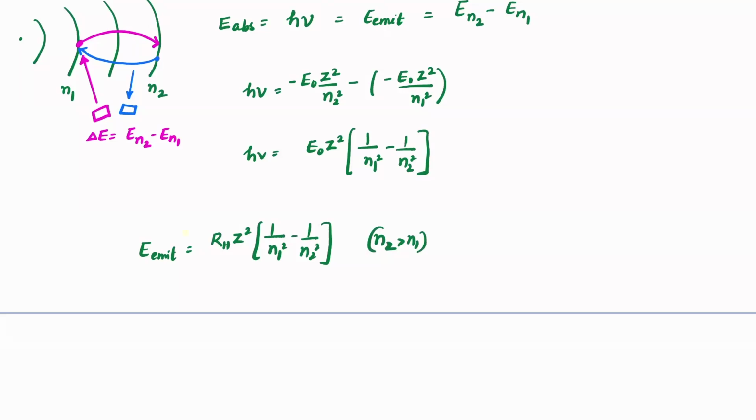This formula is the emitted energy formula: how much amount of energy is emitted in the form of photon when the electron is de-excited from n2 to n1, coming back from a higher orbit to a lower orbit. This much amount of energy has been emitted. Of course, it is the same energy which is absorbed also between these two orbits.